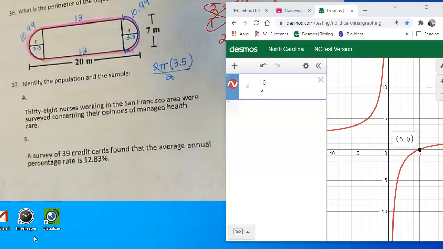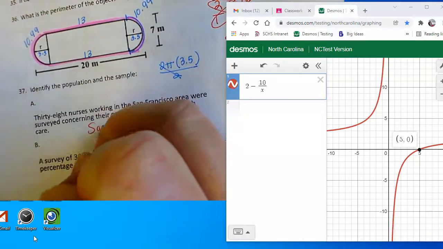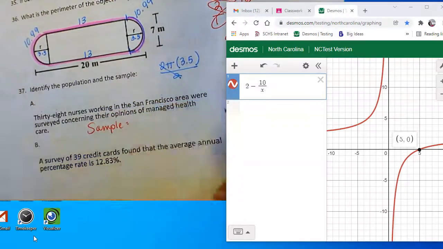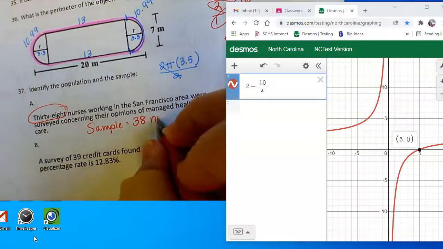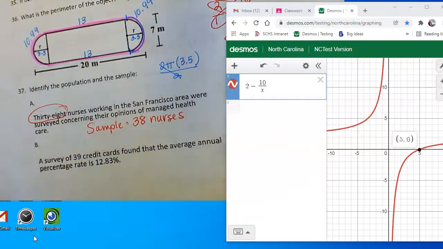When you're talking about the population and the sample, population is like the whole group, sample is the part of the group. So when I look at this problem on A, 38 nurses working in the San Francisco area were surveyed concerning their opinions of managed health care. What would be the sample? The 38 nurses, because that's just the approximate amount, or part of the amount.